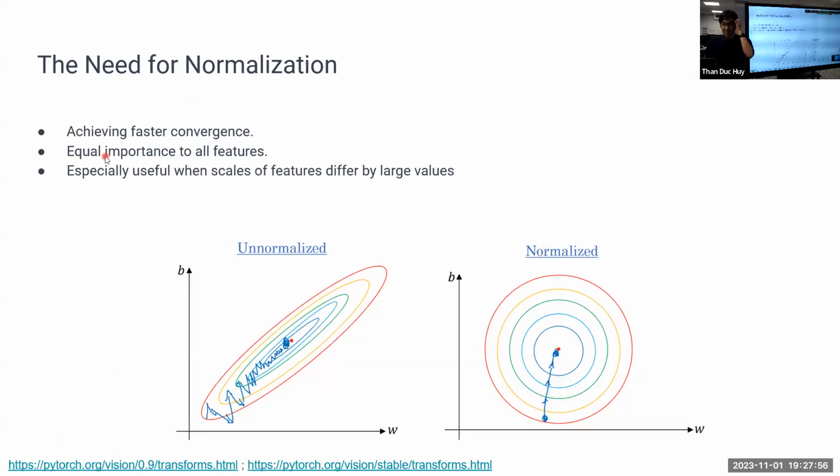So when we normalize, we want to make the model converge faster and make all features of relatively equal importance. This is very useful in the case where the features are all over the place. In the visualization, you can see that the unnormalized data is like an ellipse.